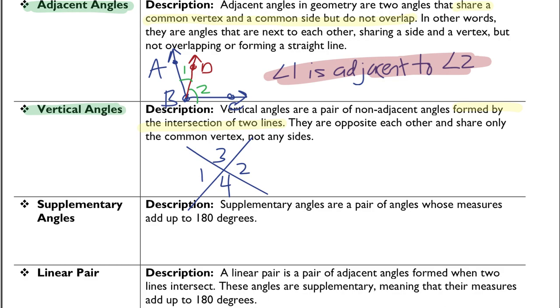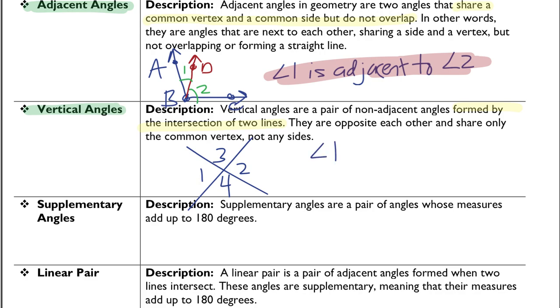By the way, if you think about the word vertical, it's up and down, but it doesn't actually mean that in geometry. It just means across from each other. They're the opposite angles. So angle 1 is across from, or opposite of, angle 2.